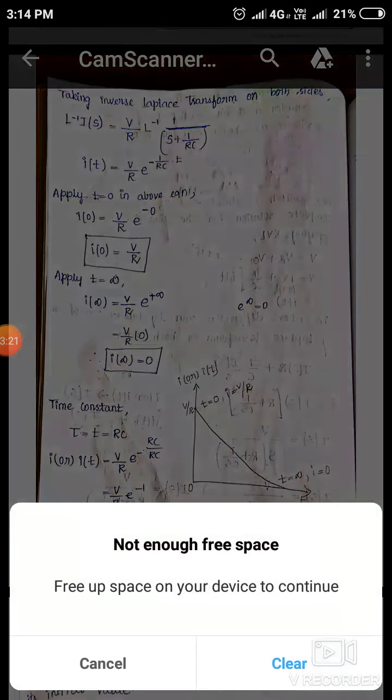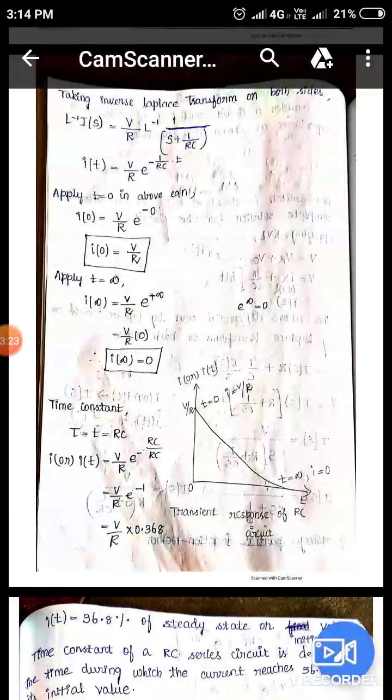Next, similar to RL, here we find the time constant for the RC circuit. So tau is equal to t, substituting R into C. Therefore i of t is equal to V by R e power minus t, replacing t with R into C. Therefore e power minus RC divided by RC, and the above equation becomes V by R e power minus 1.